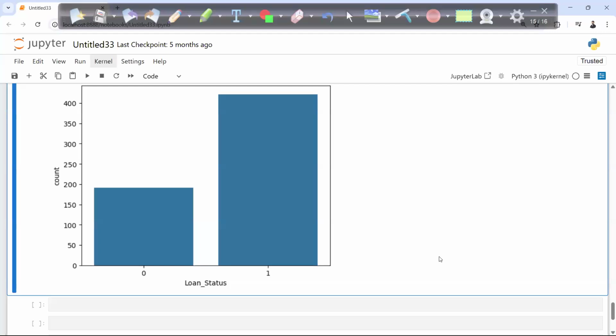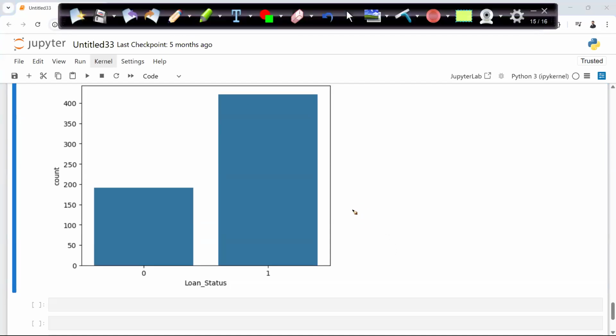One interesting insight from here I can give you. Can I say that for people getting the loan and people not getting the loan, the ratio is 2 is to 1? If two people are getting the loan, one person is not getting the loan. Can I say that? Right?